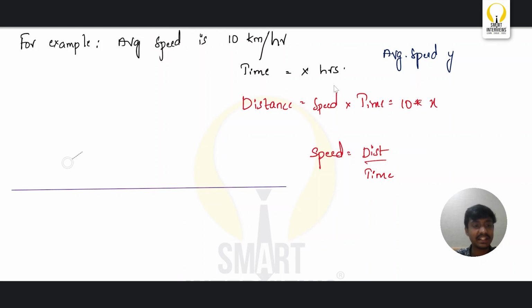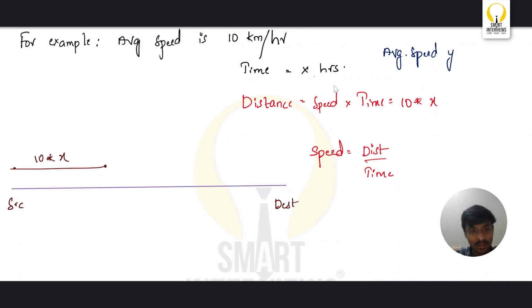So let's consider a linear plane, okay? And consider this as a source and this as your destination. Now, if I'm starting with this as my average speed and if I'm traveling for x hours, what is the total distance traveled? That is 10 into x. So this is the total distance I have traveled with average speed being this and the total time duration being this.